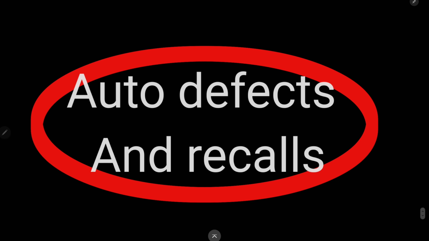High-profile recalls and their impact. Some recalls have had far-reaching consequences. For instance, the Takata airbag recall affected millions of vehicles globally and has been linked to over 20 deaths and hundreds of injuries. These airbags, when deployed, could explode and release shrapnel into the car's occupants.